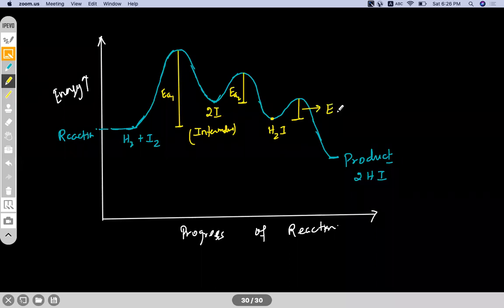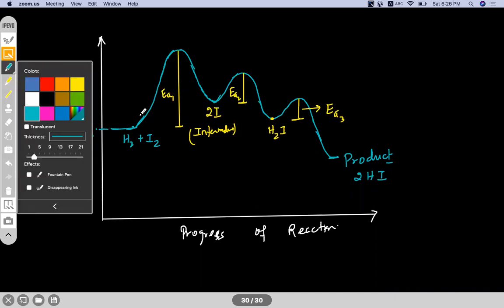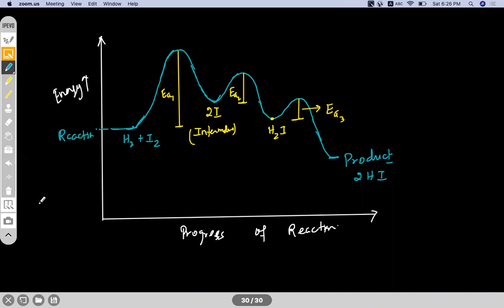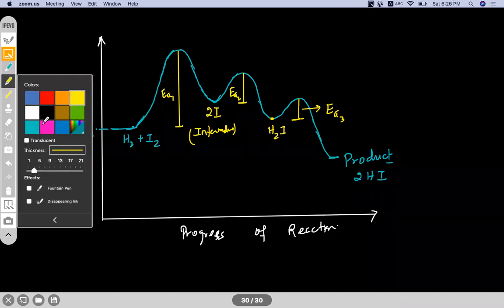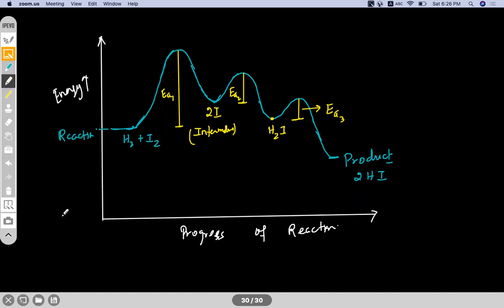This is EA3, third step. First of all, what points can you understand here? Suppose this graph is given. If you relate this graph and the reaction that we have written, there are 3 steps in the reaction, H2 plus I2 gives 2HI.